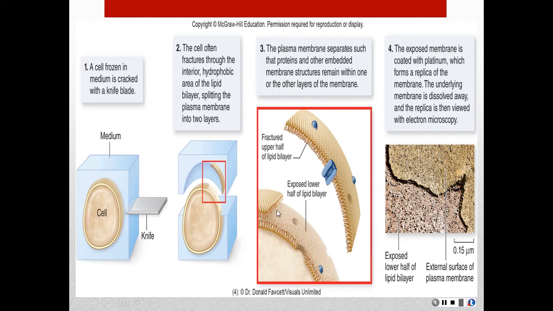You'll be able to view the hydrophobic tails, and here is the fractured upper half of the bilayer. The diagram says the exposed membrane is coated with platinum, which forms a replica of the membrane. The underlying membrane is dissolved away, and the replica is then viewed with electron microscopy.